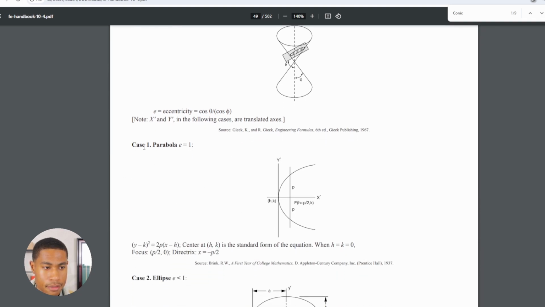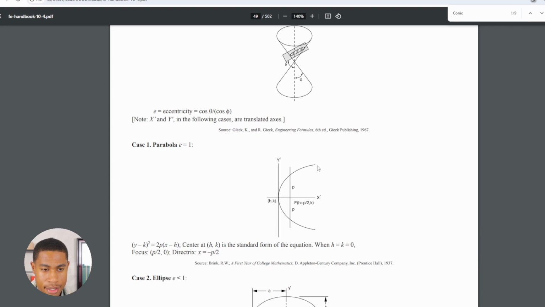The first one is the parabola, where e is equal to 1. What is e? e represents eccentricity. They may or may not ask you to solve for that, or it could be a conceptual question about, hey, what's the eccentricity of a parabola? You need to know that it is 1.